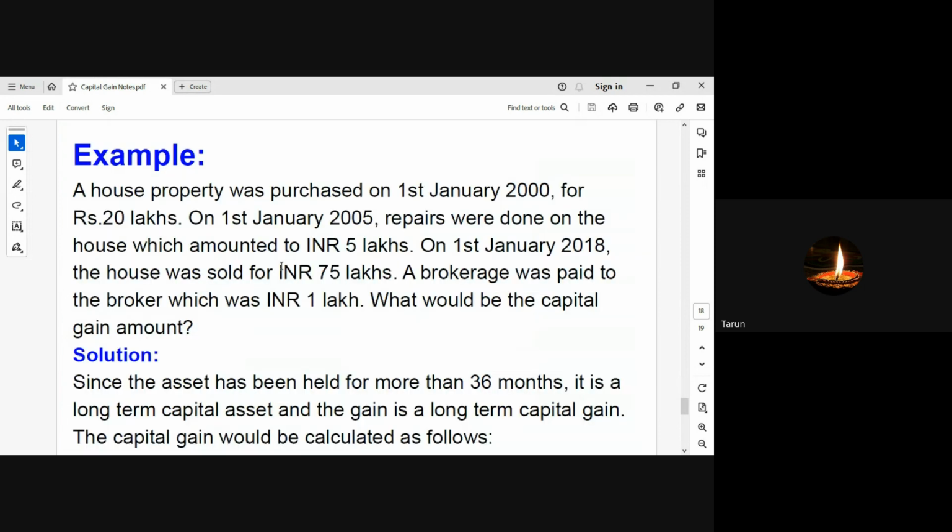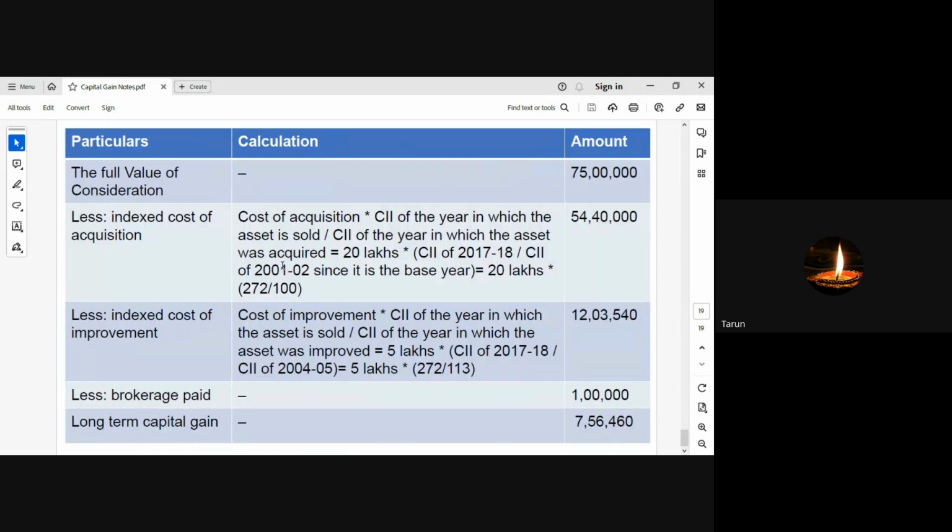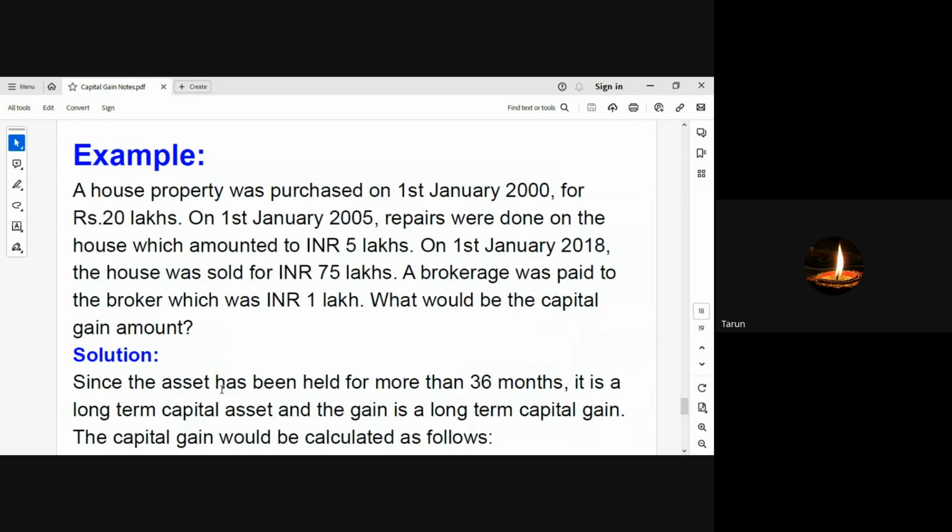The same formula is to be used: cost of improvement into CII of the year in which the asset is sold, divided by CII of the year in which the asset was improved. What is the cost of improvement? Repairs were done on the house which amounted to 5 lakhs.